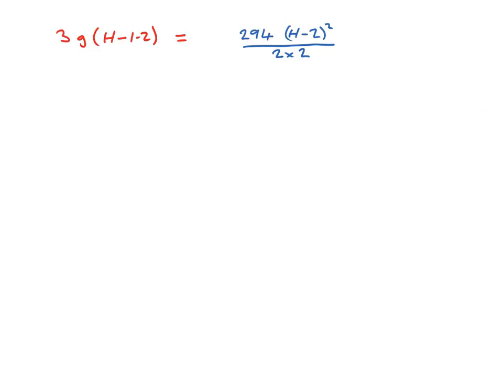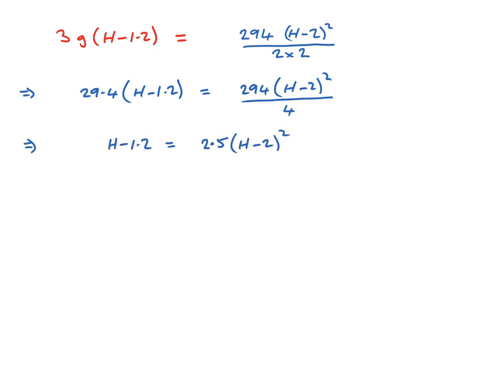So looking at that equation, we can certainly tidy it up by saying that 3g is 29.4. If we divide each side by 29.4, we're going to end up with h minus 1.2 is 2.5. That comes from the 10 divided by 4. Lots of h minus 2 squared.